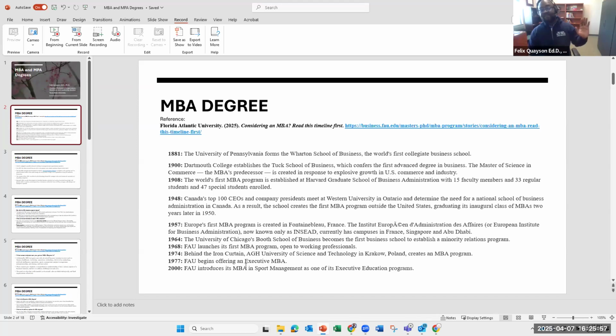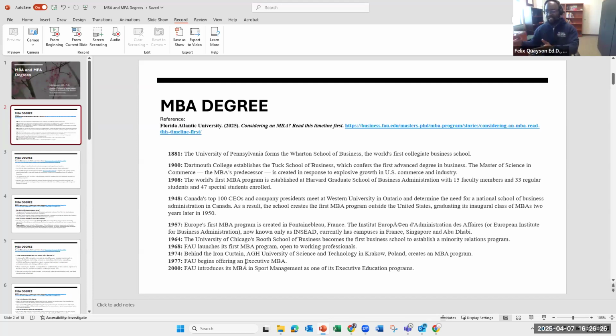Now, in 1948, Canada's top CEOs and company presidents met at a Western university in Ontario, Canada, and determined the need for a National School of Business Administration in Canada. So in 1908, Harvard Graduate School of Business creates the world's first MBA program in the United States.